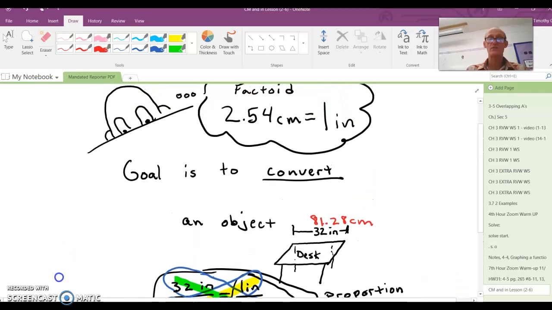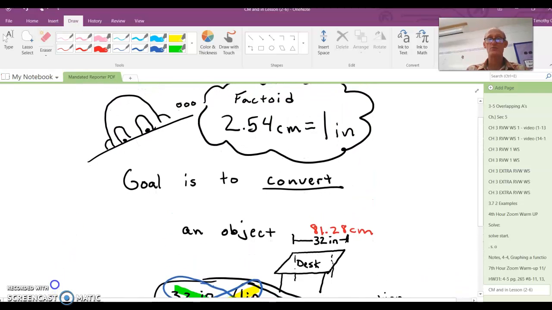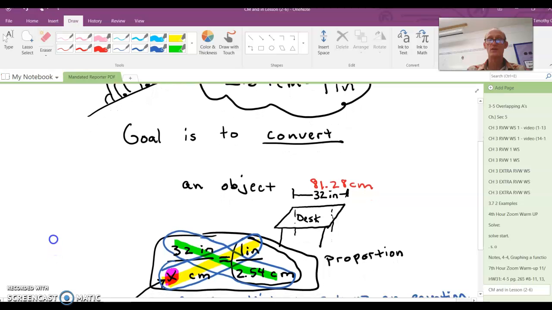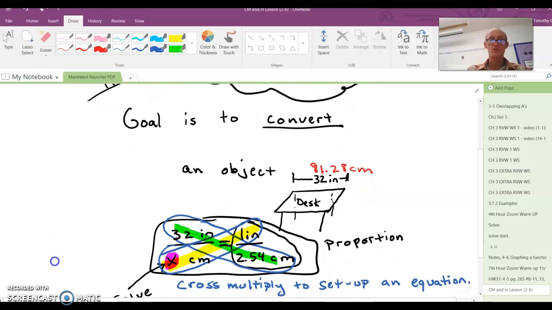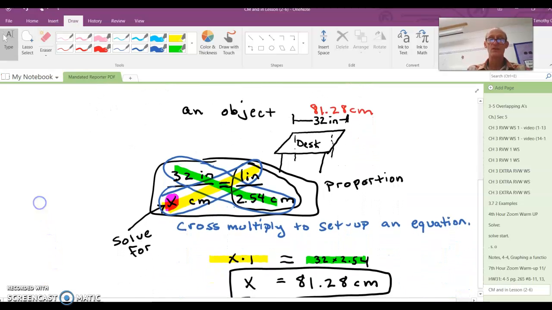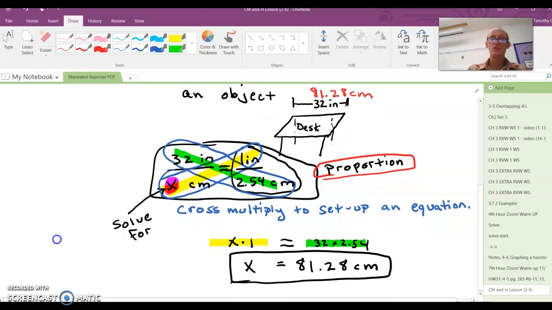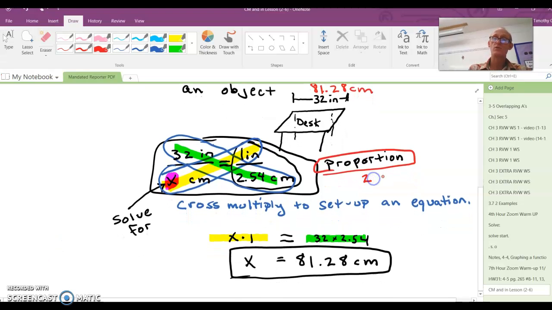You have to convert, and the factoid is that 2.54 centimeters equals 1 inch. So to do that, we set up a proportion, and the proportion is 2 equal fractions or ratios.